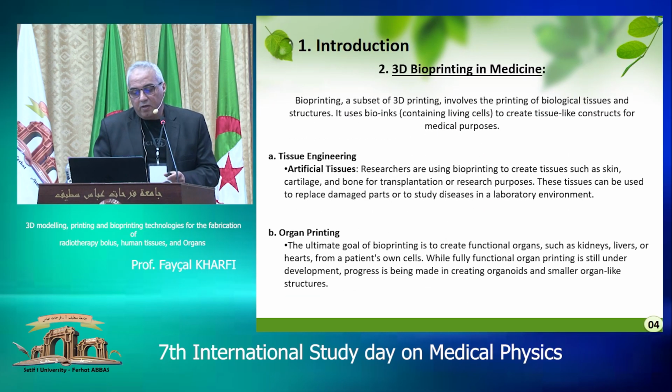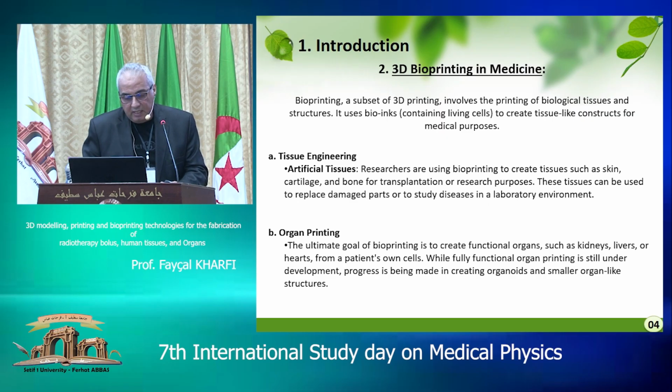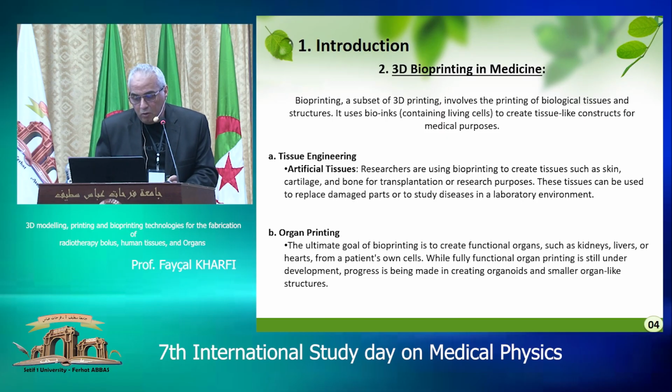Now we move to 3D bioprinting in medicine. Bioprinting is just a subset of 3D printing with a specific kind of ink that we use to print what you want to print. It involves the printing of biological tissues and structures.